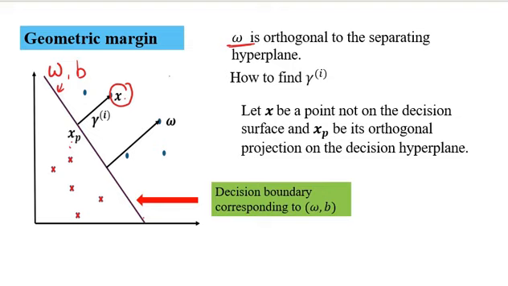Okay, and the geometric margin which we want to find is gamma I.